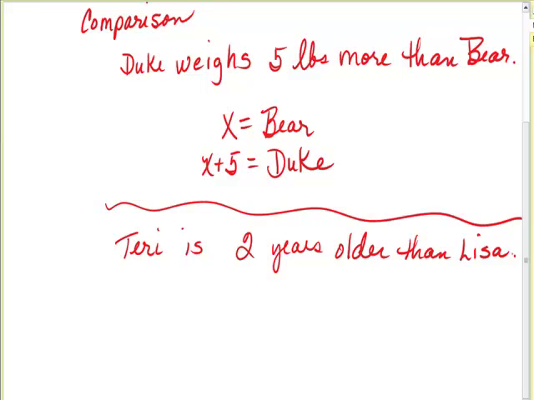Of those two, which one have I told you nothing about? Hopefully you're moving to the end of the sentence and say, I don't know anything about Lisa. So X could equal Lisa's age. How would you express Terry's? Well, if she's 2 years older, her age is more, she would be X plus 2.